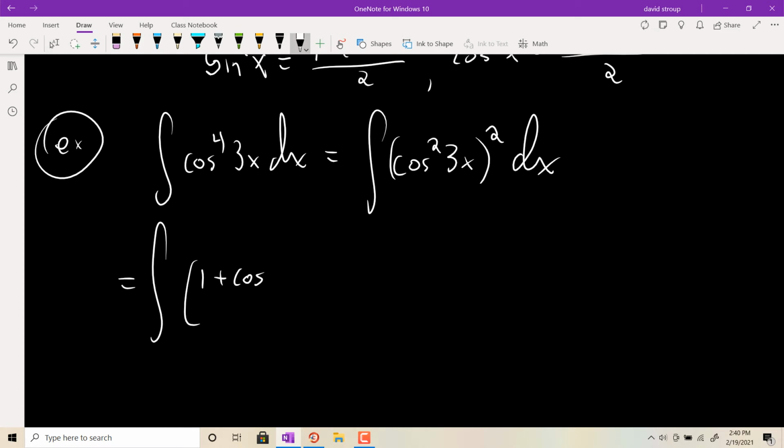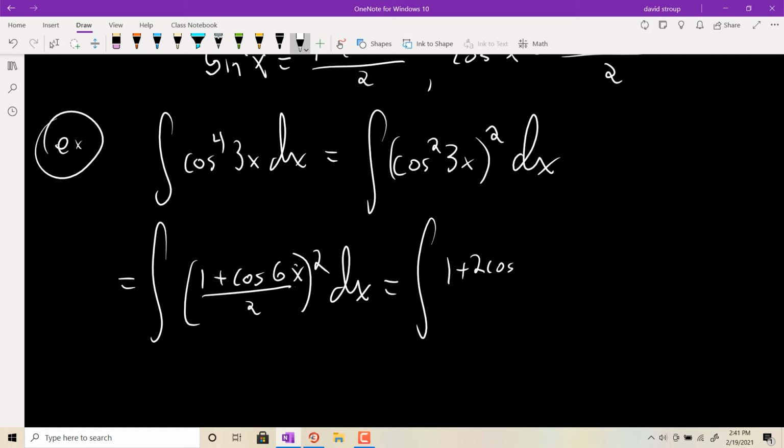Usually you're kind of going in the other direction, so it's a half-angle formula, but in this direction you're doubling the angle, so it'd be cosine 6x all over 2 squared dx. And then you have to literally FOIL that thing out. So you're going to end up with 1 plus 2 cosine of 6x plus cosine squared of 6x all over 2 squared, 4, right, because it's squared.